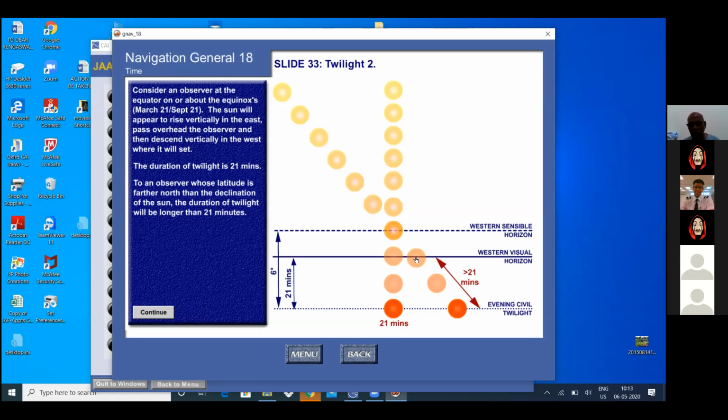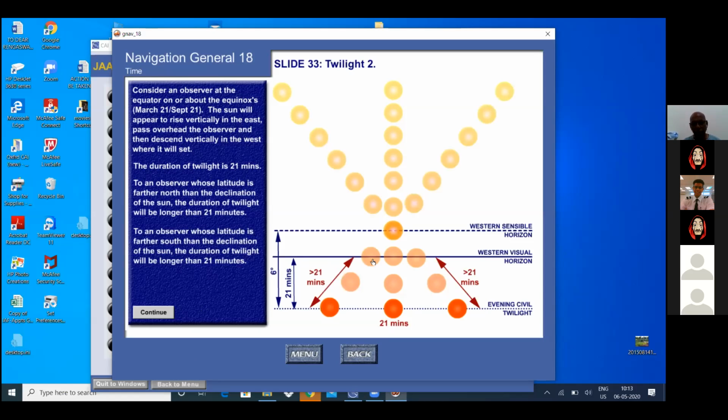So obviously between here and here, it is more than 21 minutes. The same will be for this when the sun comes in the higher southern latitudes. It will be more than 21 minutes. This is at least 21 minutes. Is this part understood?